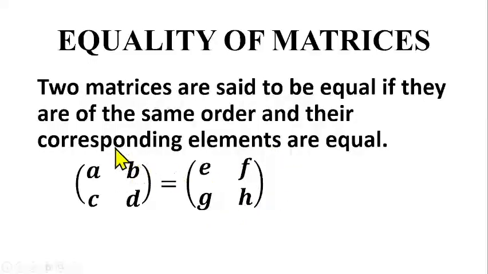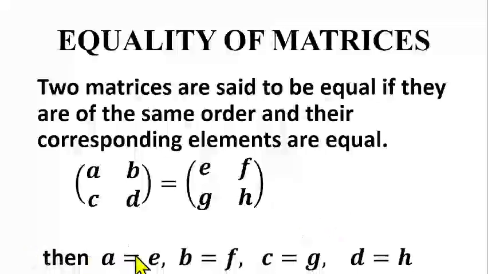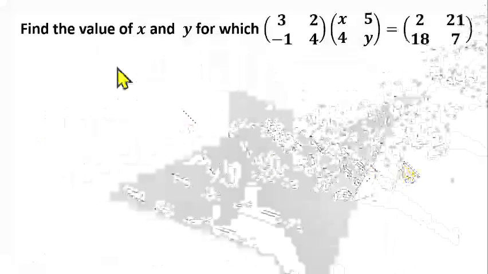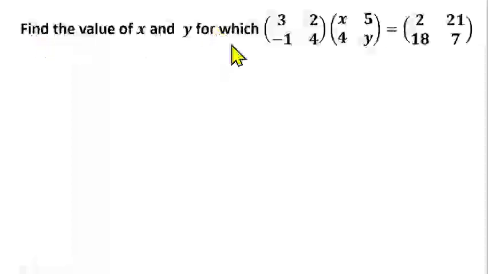So this 2 by 2 is equal to this 2 by 2, and the element here is equal to the element here, and so on. That's the implication, and this we can use to solve some problems in matrices. Let's say you have to find the values of x and y for which this matrix multiplied by this matrix is equal to this matrix.